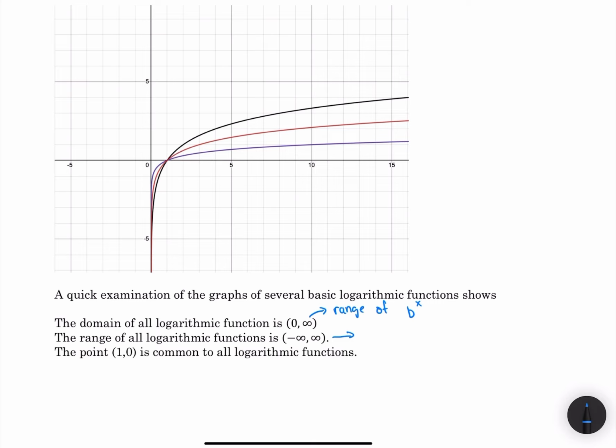And this is the domain for the logarithm. The range for the logarithm is the domain of the basic exponential function. And just like the point (0, 1) is on the graph of all exponential functions, the point (1, 0) is on the graph of all logarithmic functions.